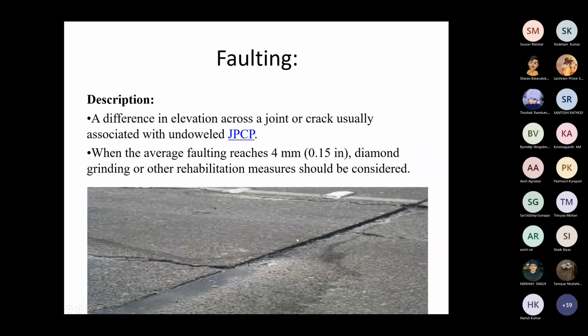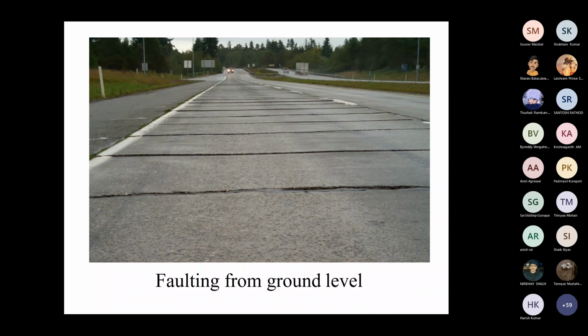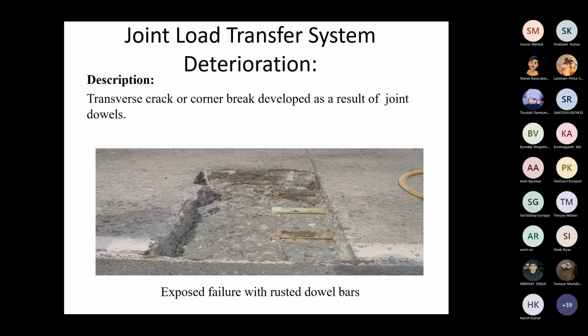There can be a difference in elevation, where one slab may go down. So there's no load transfer between the two slabs. If the difference is large, then you have to do diamond grinding to correct this elevation difference. This is faulting.